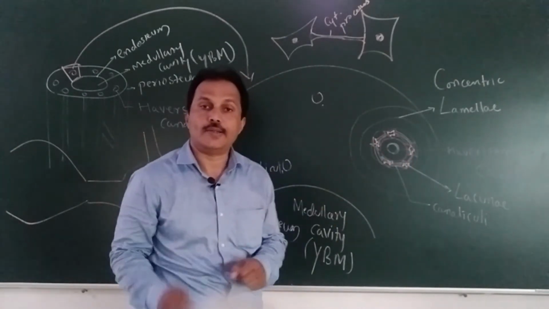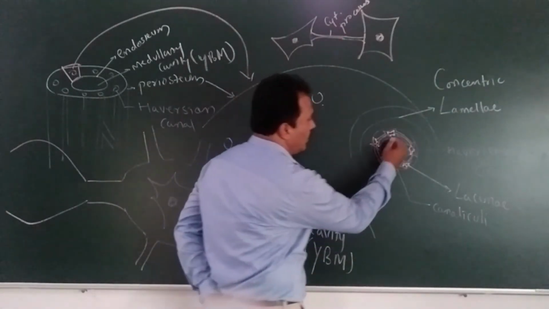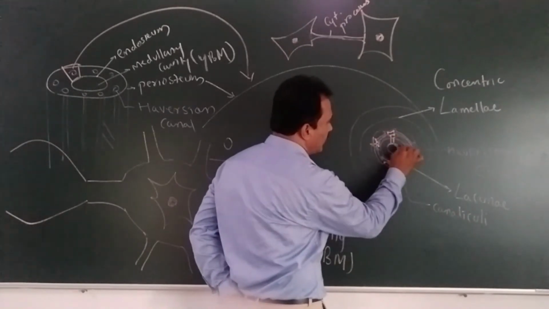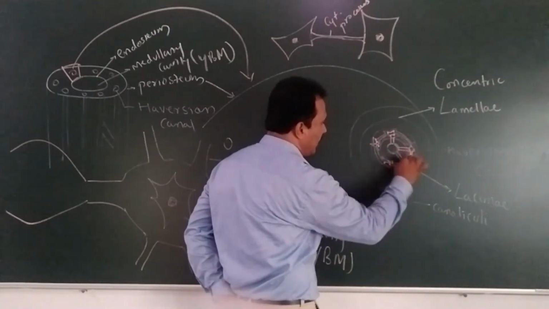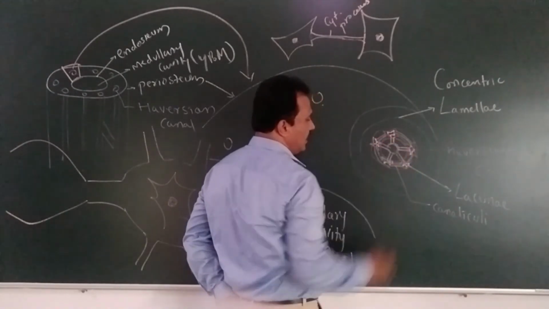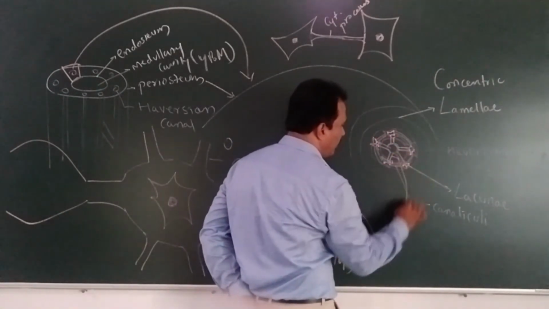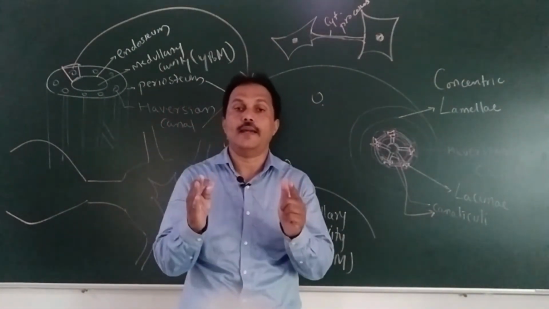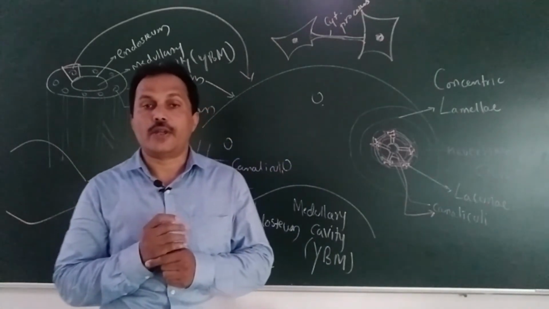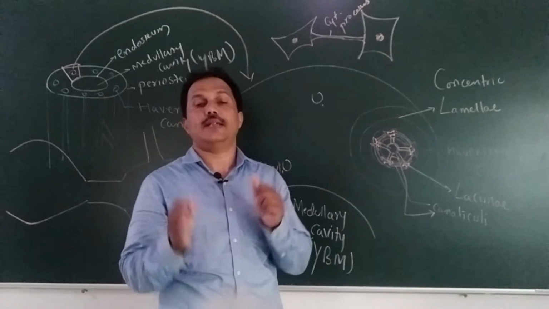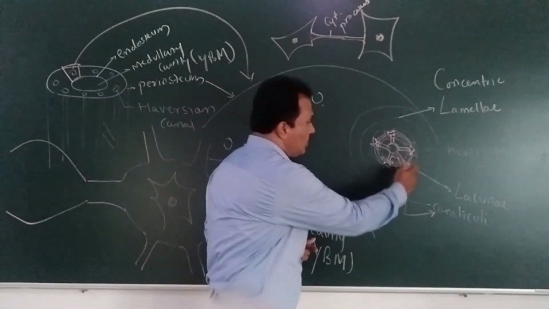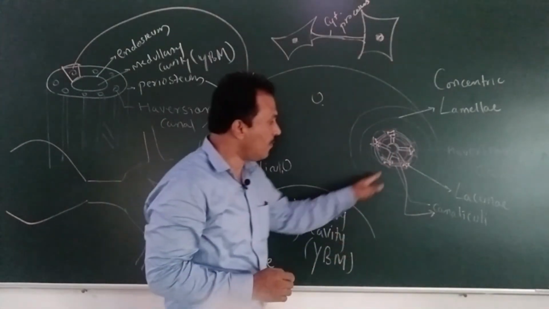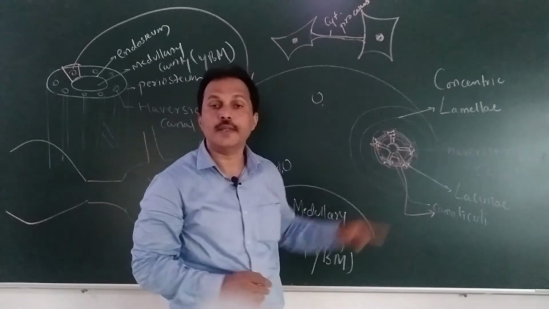At the same time, this lacunae is connected with the Haversian canal, again with the help of canaliculi. It means canaliculi are the channels which connect two lacunae, as well as connecting the concentric lamellae or the spaces with the Haversian canal.